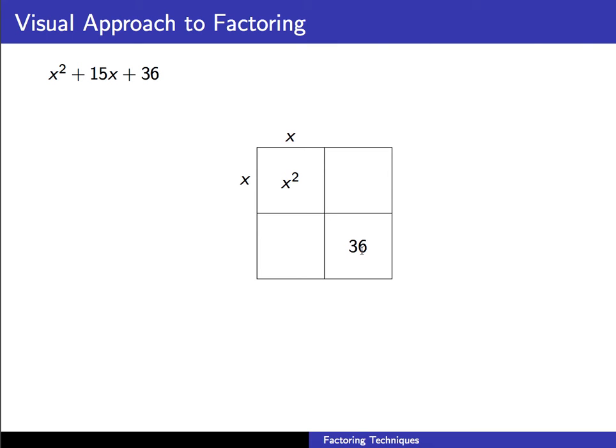We want to find two numbers that multiply together to make 36, 3 and 12. And then we want to make sure that this 3 times x will give us 3x, and this x times 12 will give us 12x. We also want to make sure that these two terms along this diagonal add up to make this 15x that's in the middle. So we have x plus 3 and then x plus 12.